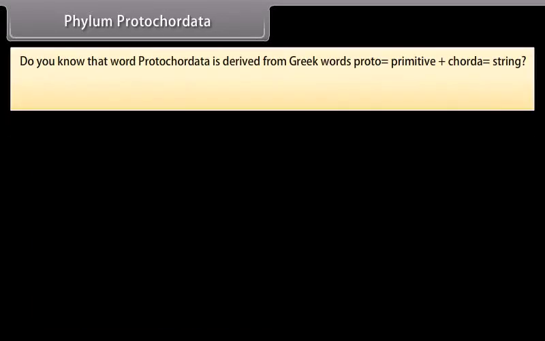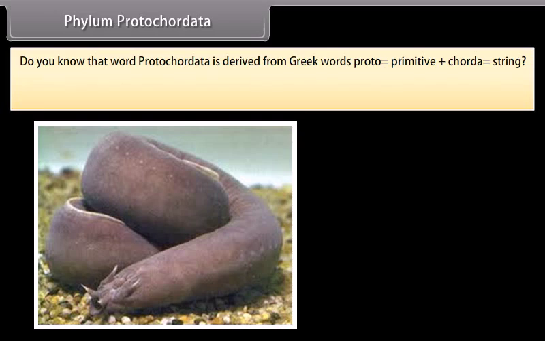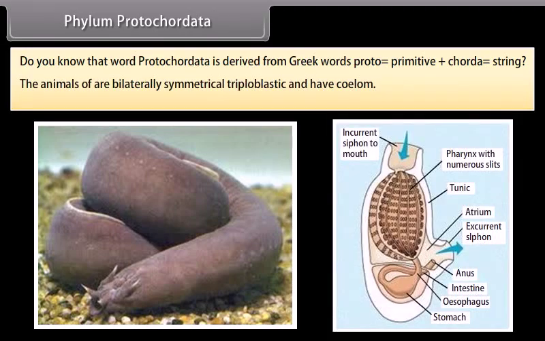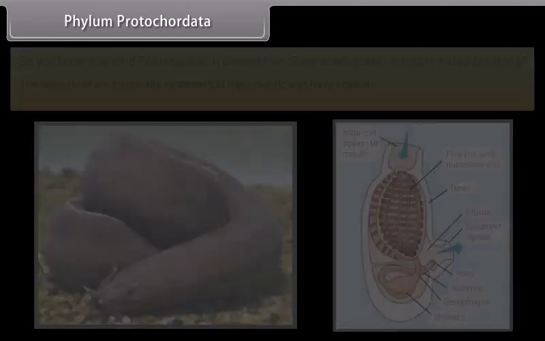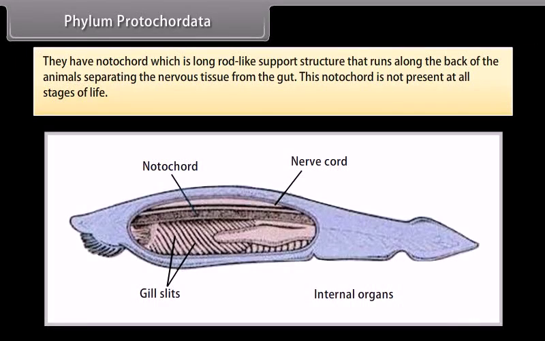Phylum Protochordata. Do you know that the word Protochordata is derived from Greek words proto, primitive, plus chorda, string. The animals are bilaterally symmetrical, triploblastic, and have coelom. They have a notochord, which is a long rod-like support structure that runs along the back of the animals, separating the nervous tissue from the gut.